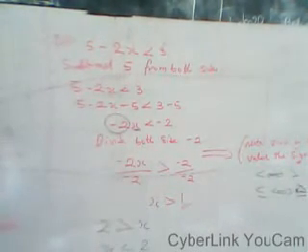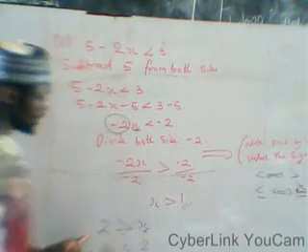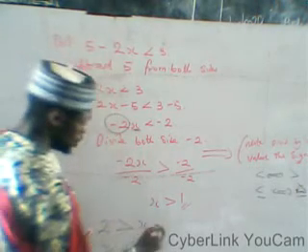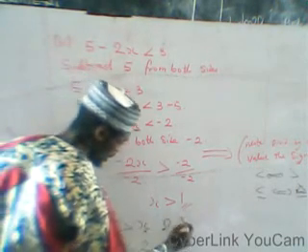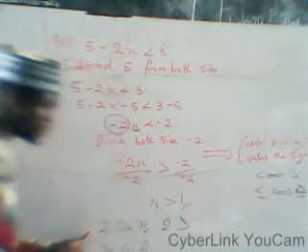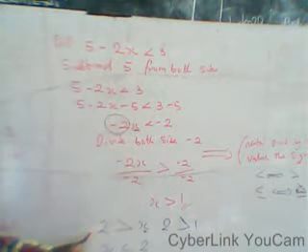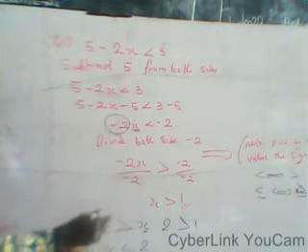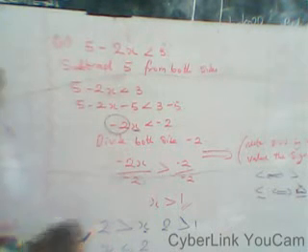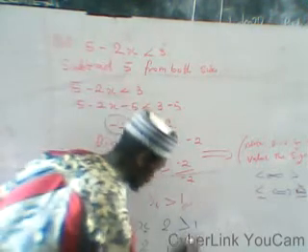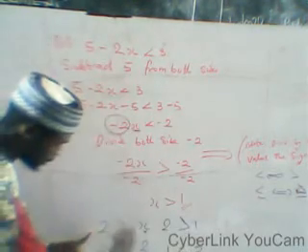Take for instance, assuming our x is 5, you are told that 2 is greater than 5. It is not possible. Assuming you have x as 1, it's greater than 1. You want to reframe that statement. You can say 1 is less than 2. That's why this one is possible.